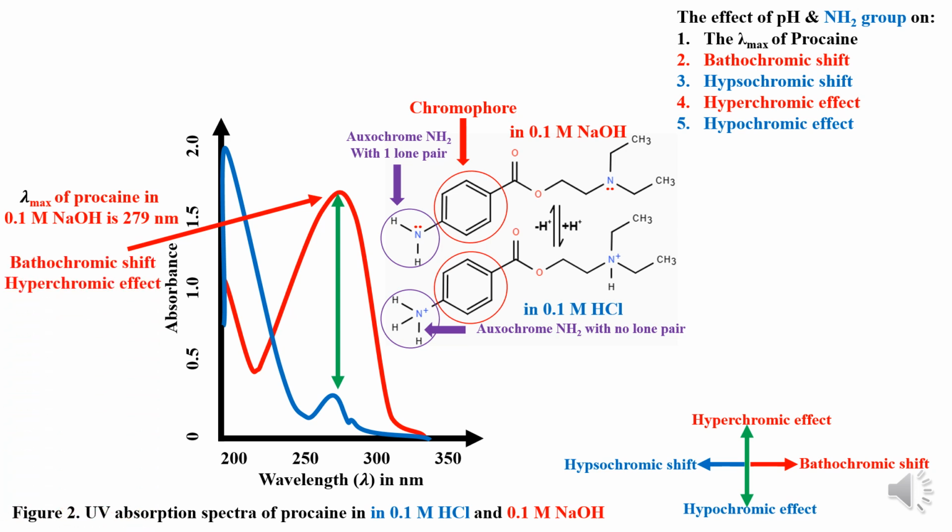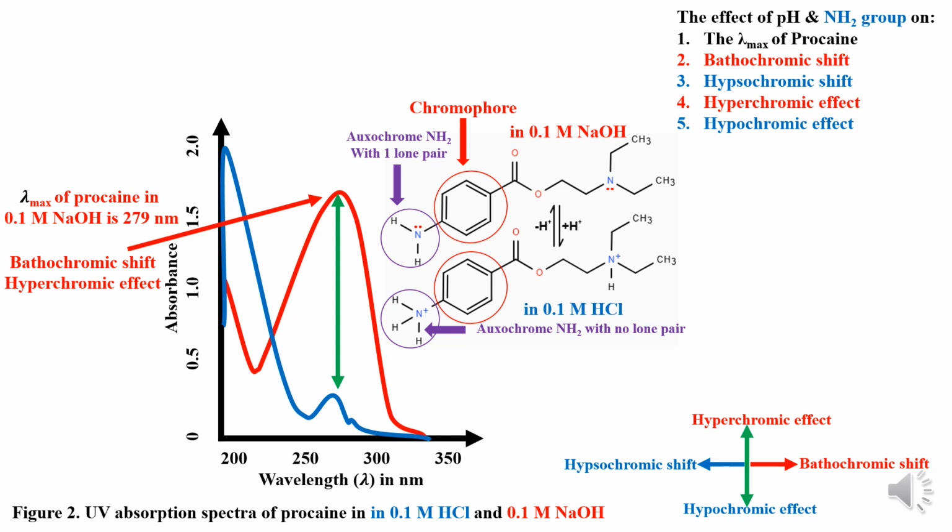And this leads to bathochromic shift as well as hyperchromic effect. You can see a marginal shift in the peak towards the right side. There is a marginal shift and this leads to bathochromic shift, and there is a hyperchromic effect. The intensity of absorption increases.